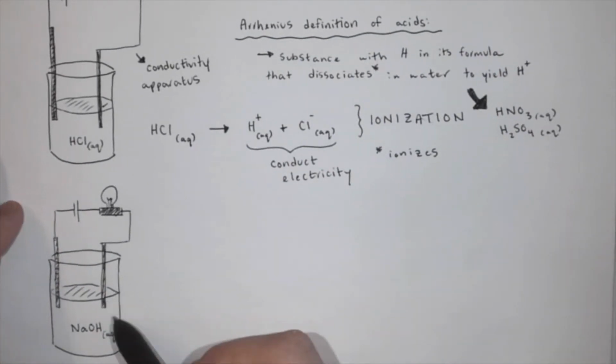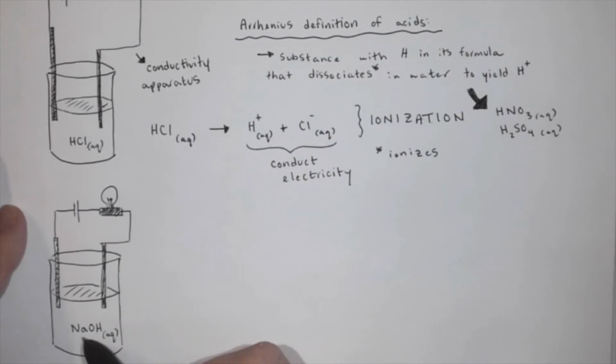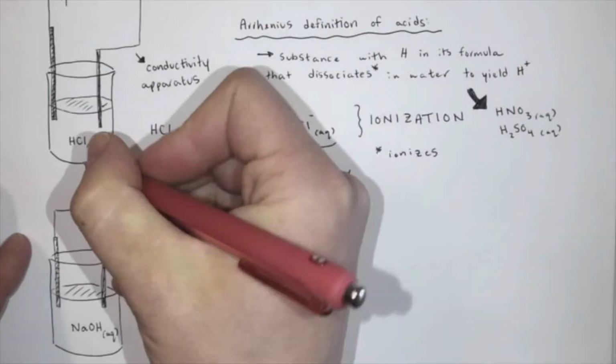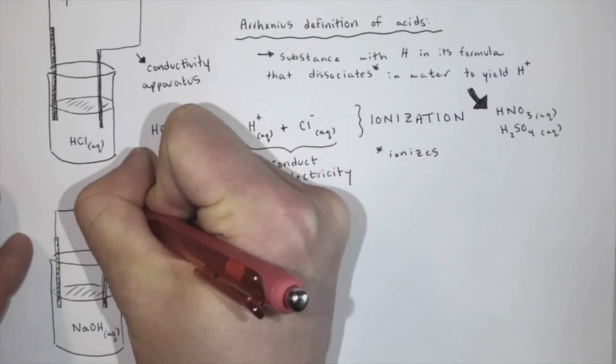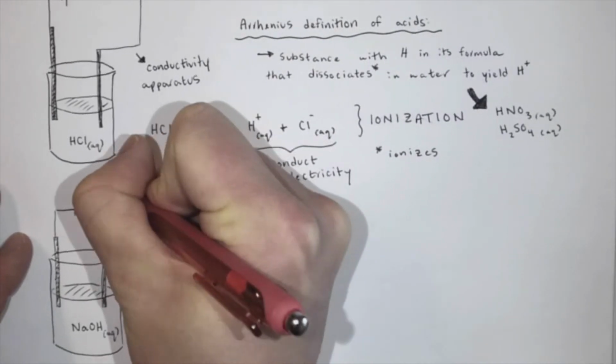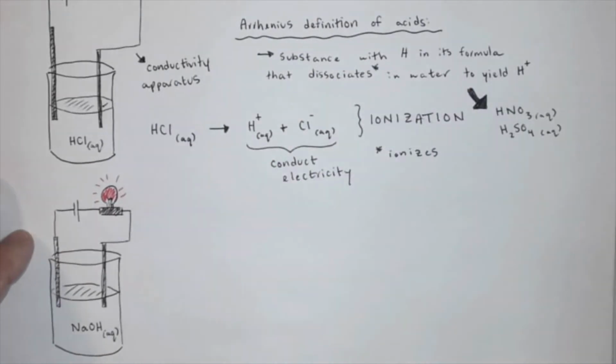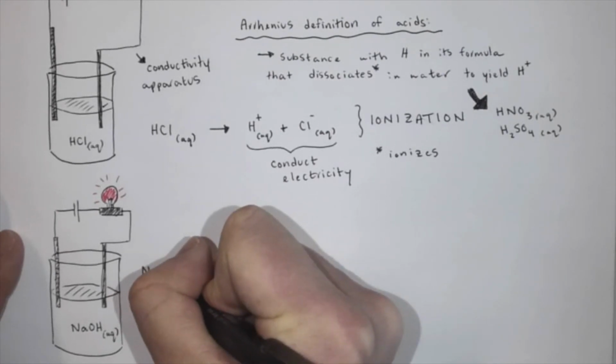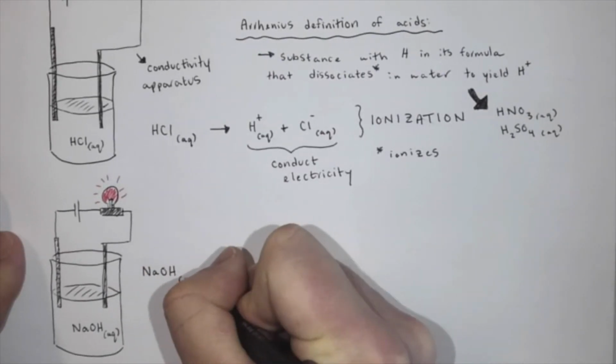Well, it's very similar. If I take a conductivity apparatus and stick it inside a basic solution like sodium hydroxide, we get the conduction of electricity. So we should expect that light bulb to flash. And that's because there's the production of ions in solution. So what happens here?